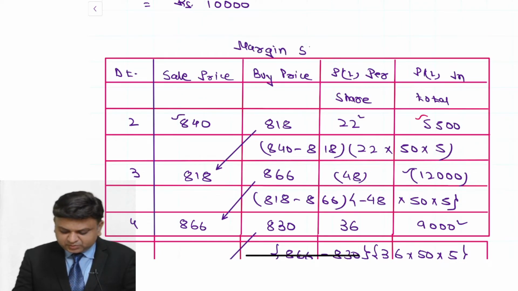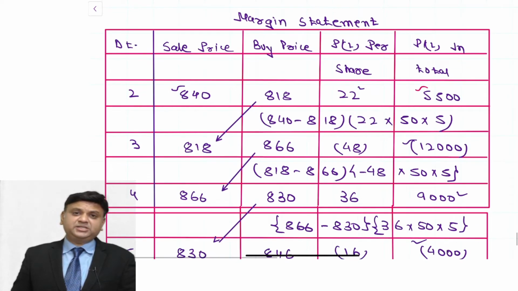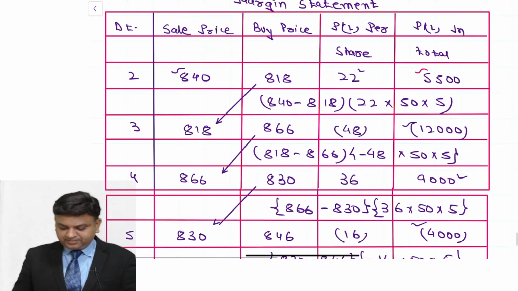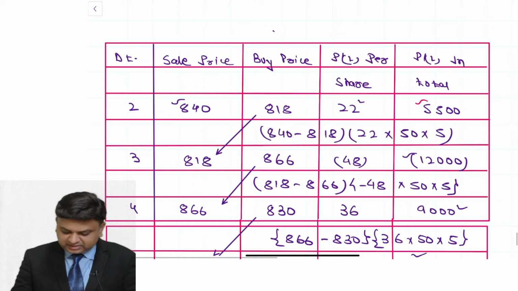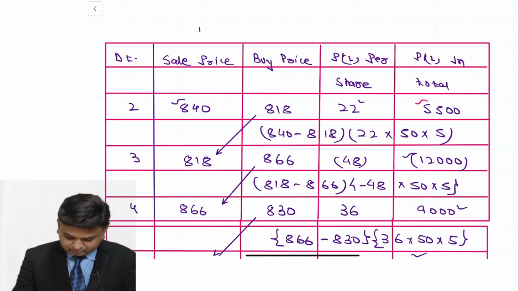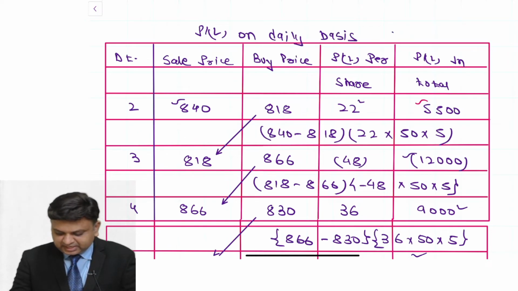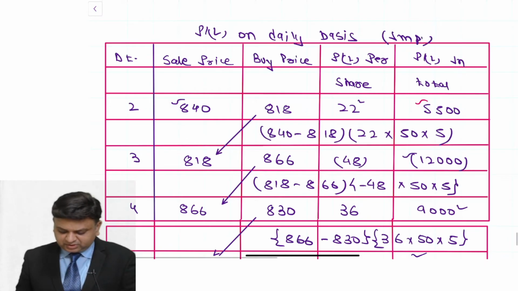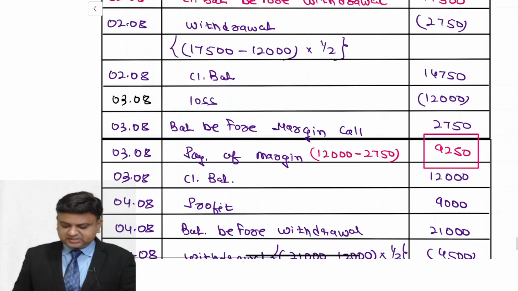This time the question is providing the information on daily basis, if at all the balance is greater than the initial margin, he will withdraw. So whenever he is allowed to withdraw, he will withdraw. So this is the profit or loss on daily basis, and in my opinion, this is important. And then the simple margin statement that is required to be prepared.